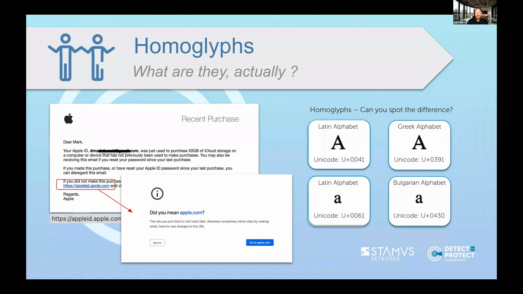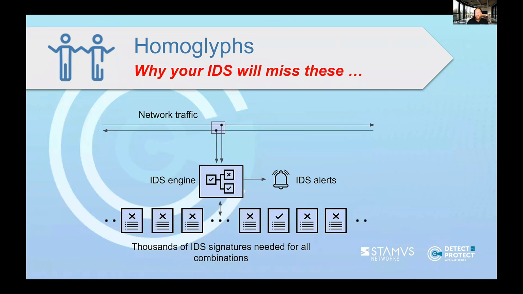So why is it that a typical IDS is going to miss these, right? To understand why, we have to understand how an IDS works. An IDS uses a signature-based detection mechanism to compare a stream of packets or network sessions to an explicit rule.